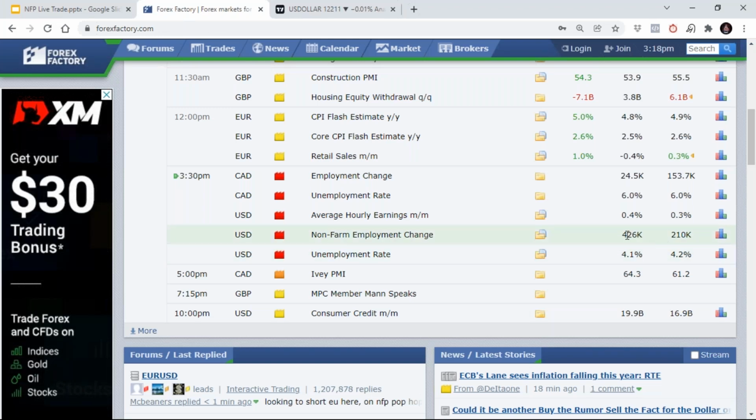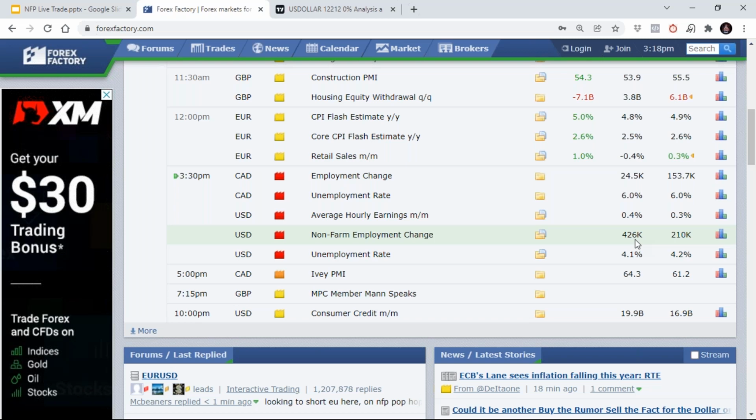We want to see if we meet this 426,000 or not. If we beat it convincingly, well, I think that would be the best scenario, in my opinion. Again, subject to correction, because it kind of lines up with what the Fed has communicated to the market.